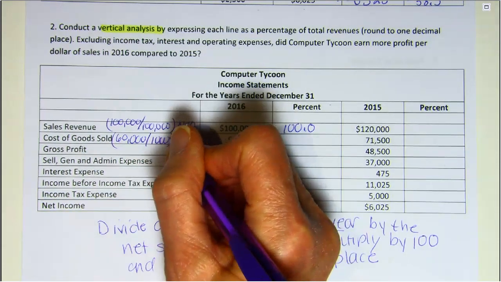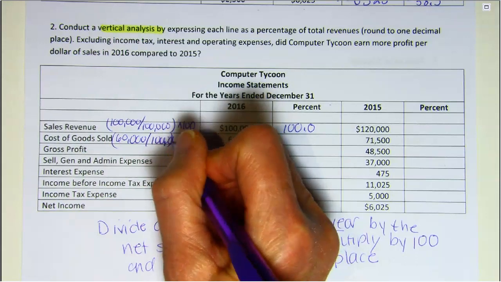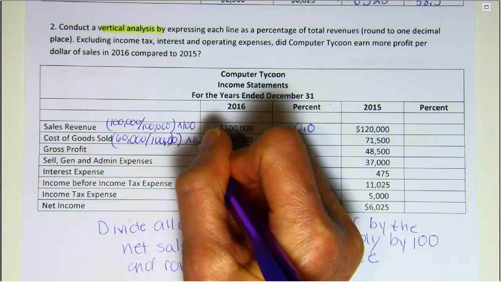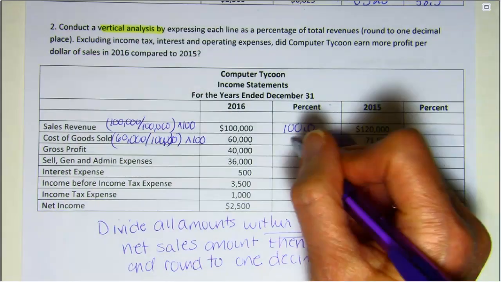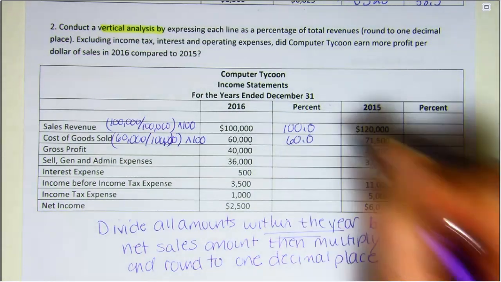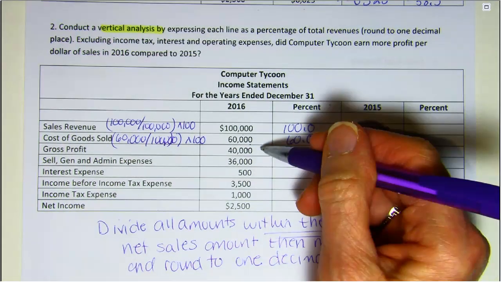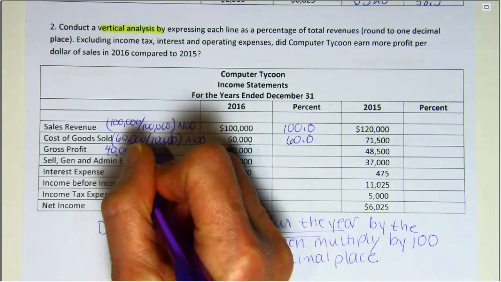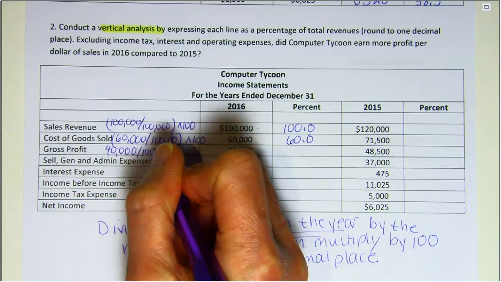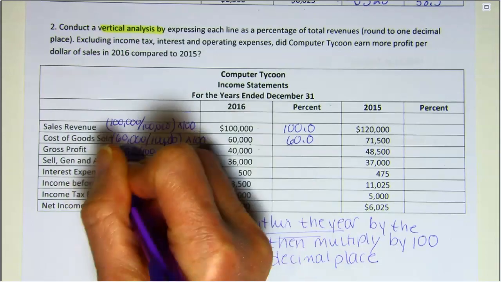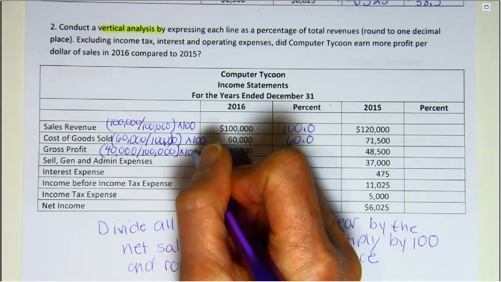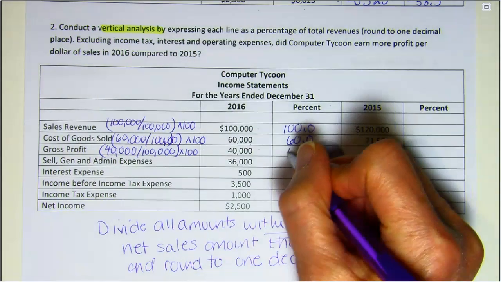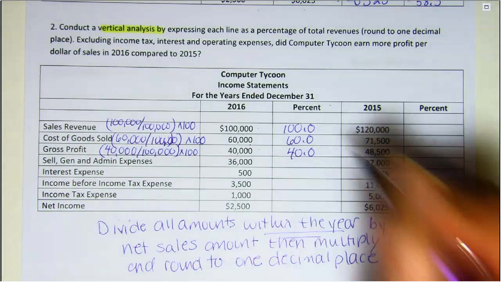Oh dear, I skipped a few zeros there. And then multiply by 100, round to one decimal place, is 60%. 40,000 divided by 100,000, then multiply by 100 and round to one decimal place is 40%.